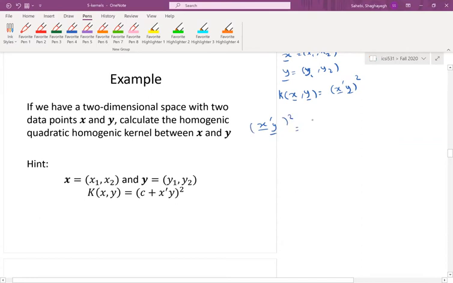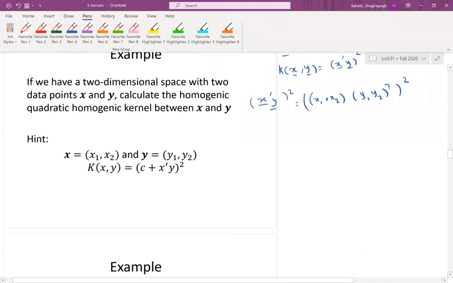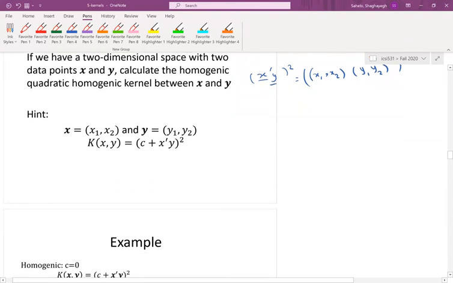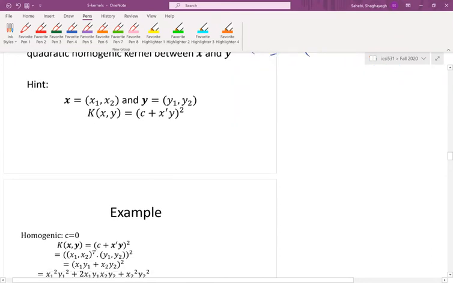It's going to be equal to X1, X2 times Y1, Y2 squared, right? C is also equal to 0, right?